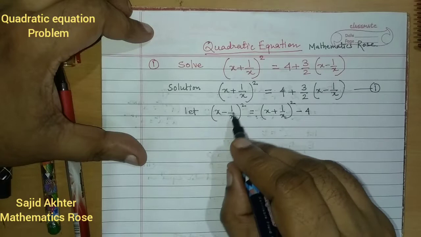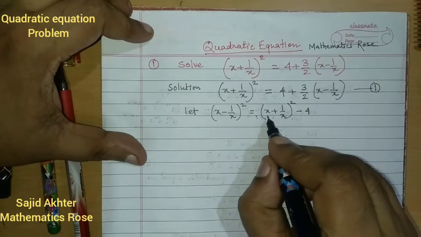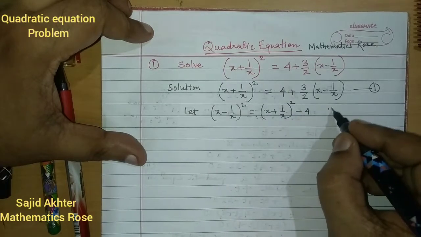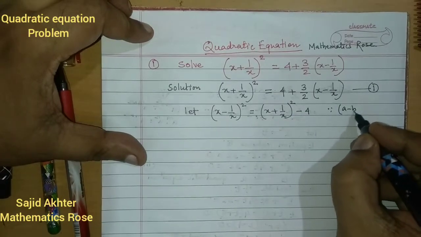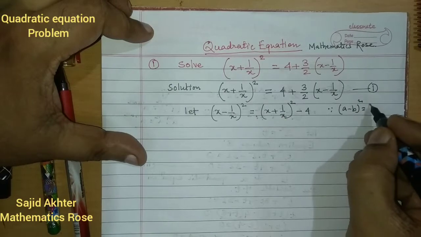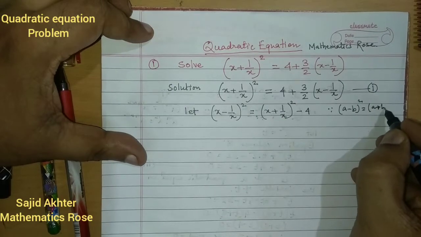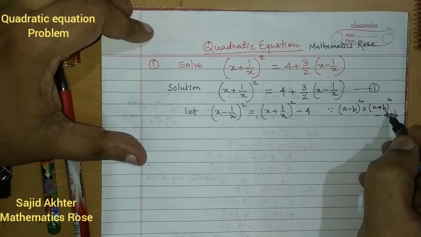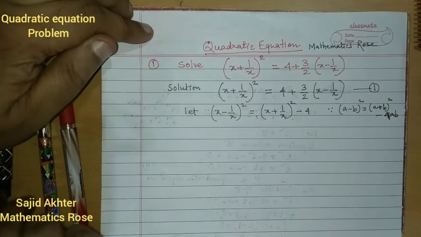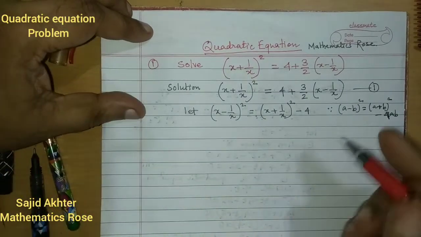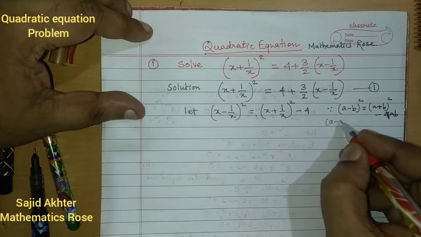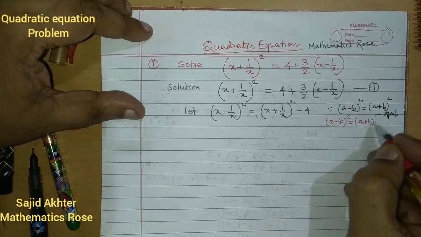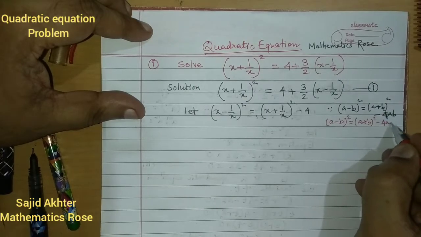So (x minus 1 by x) whole square is equal to (x plus 1 by x) whole square minus 4. How does it come? Because this is the formula, it is known to you: (a minus b) whole square is equal to (a plus b) whole square minus 4ab. I am just writing it here.